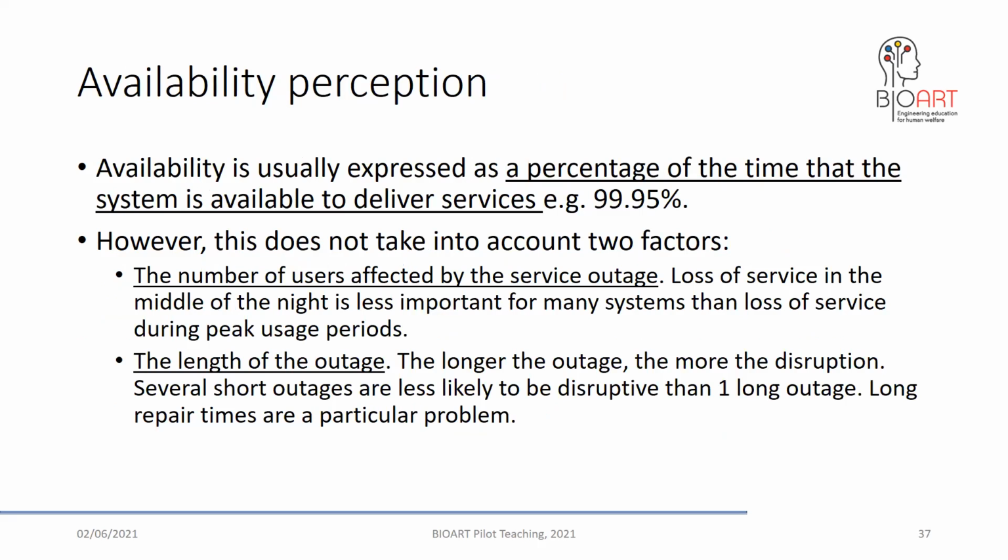Availability is specified as a percent of time when system is available and deliver services. But also, you should always keep in mind the number of users which are using the system and the length of this outage.